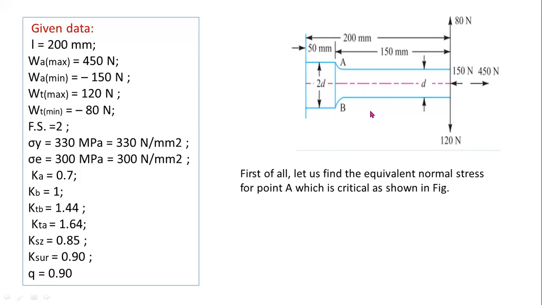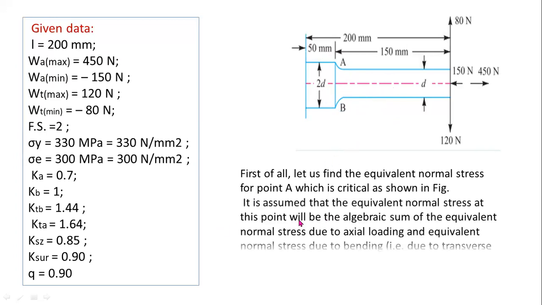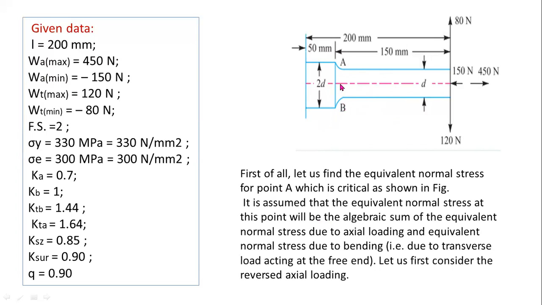So here stress is high at points A and B. You have to consider all stresses. It is assumed that the equivalent normal stress at this point will be the algebraic sum of the equivalent normal stress due to axial loading and equivalent normal stress due to bending.